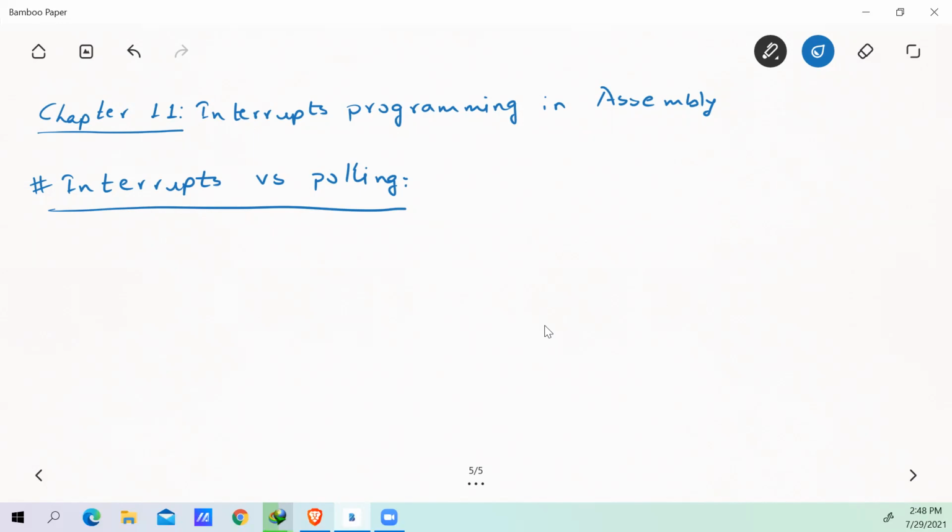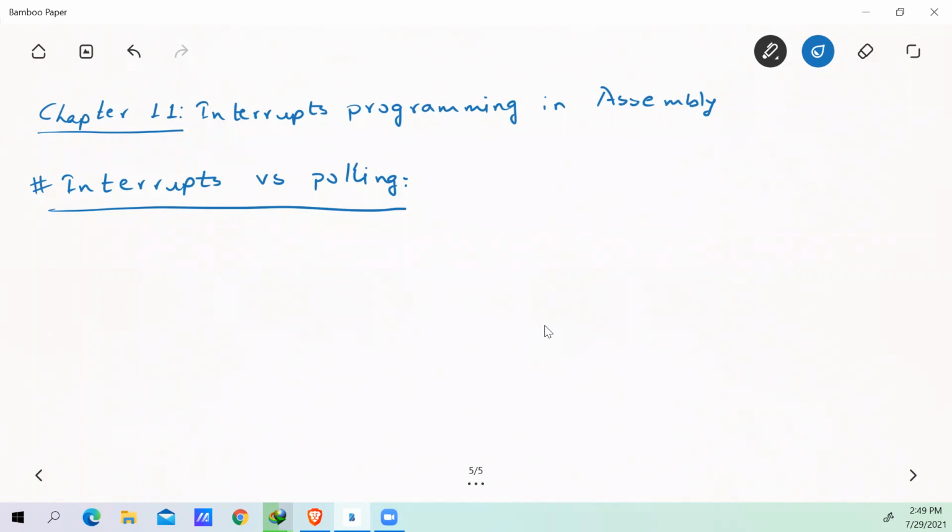So what is the meaning of interrupts? Try to concentrate, because I'm not writing, I'm just verbally explaining. The meaning of interrupt is that whenever any device connected to the microcontroller needs the service of the microcontroller, or needs something to be done by the microcontroller, the device will send an interrupt signal to the microcontroller.